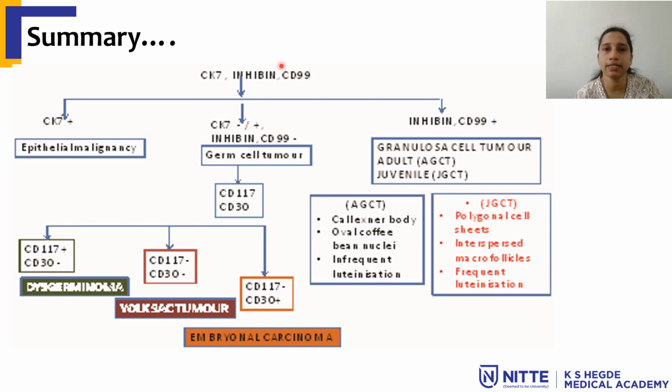If it is inhibin and CD99 positive, or SF1, FOXL2, it will suggest that it is a sex cord stromal tumor. So depending upon our differential diagnosis, we can use various other markers like FOXL2. So if it is not positive for sex cord stromal tumor, we can use the germ cell tumor markers like CD117, CD30, PLAP, or any other markers which were already mentioned previously.